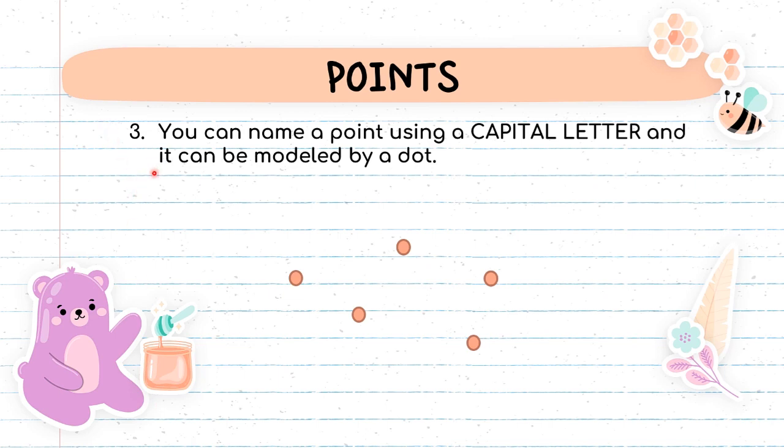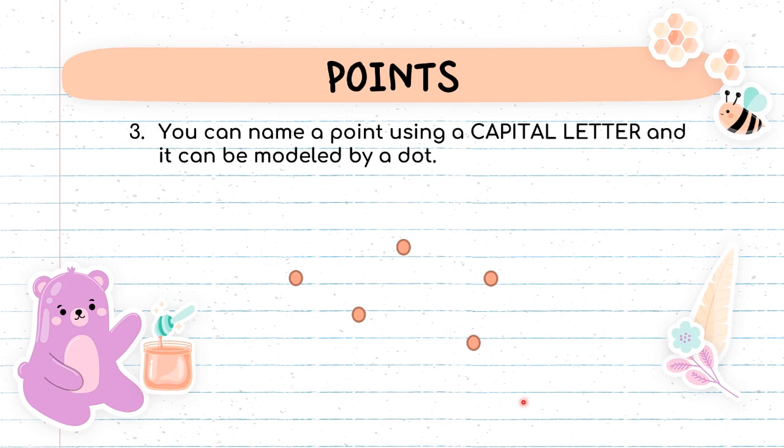Number 3, you can name a point using a capital letter and it can be modeled by a dot. So, here on the screen, I have 5 points. Ito, 1, 2, 3, 4, 5.